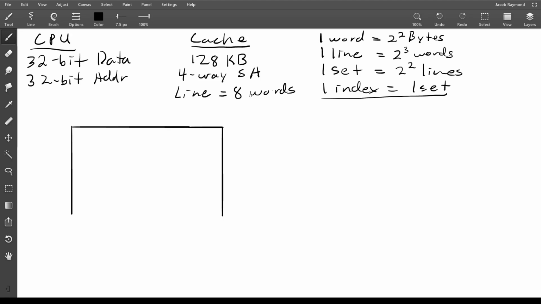When you're dealing with fully associative, you still have one index, but keep in mind that you don't need any information to address one thing, right? If I have one object and I say, okay, how much information do you need to choose this object? You don't need any because it's the only object. Whatever you choose has to be this one. So in a fully associative cache, you have one index, which means you need no information. But at that index, it's still just one set. It's one really, really big set, but it's still one set.